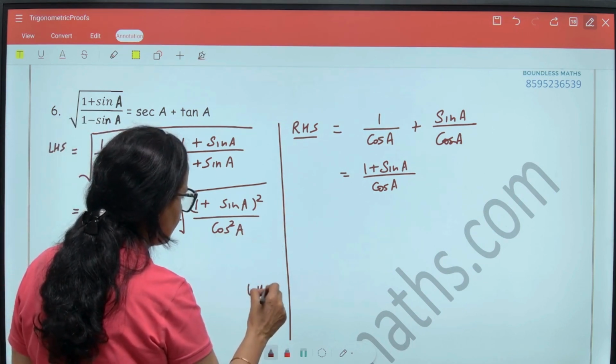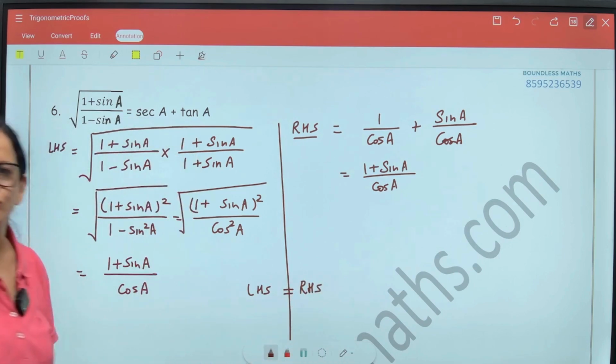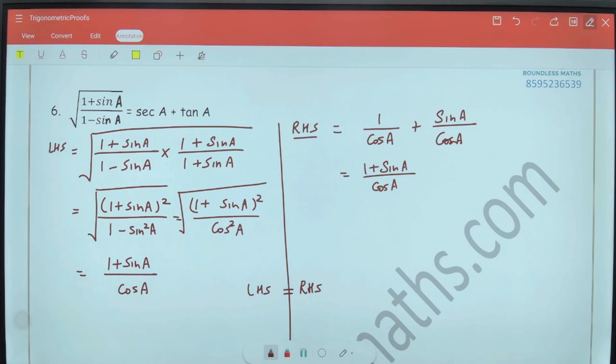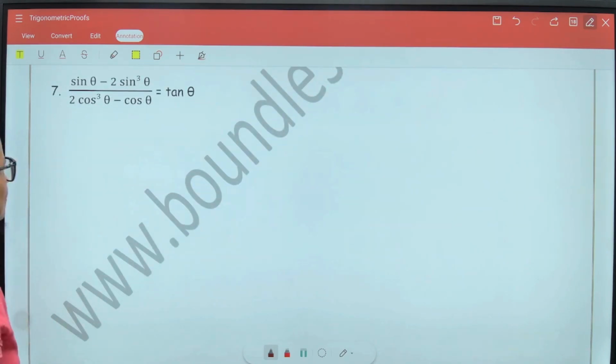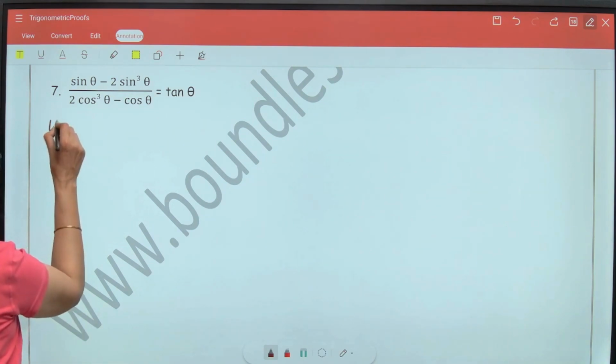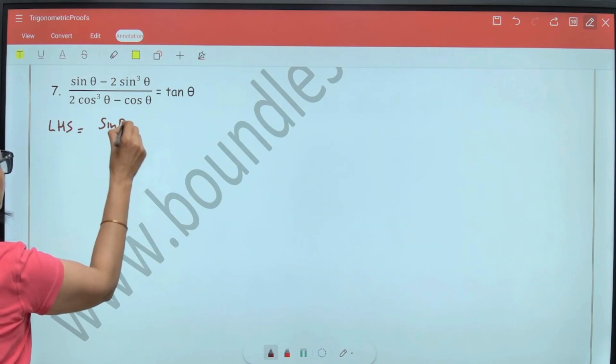So that means my LHS is equal to RHS, hence proved. Easy? Wonderful. So let's move to the next question, question number 7. In this question we have sine and cos on the left side and tan theta on the right side. Now the left side expressions, if you look at it carefully, you can take sin theta common out from the numerator terms.